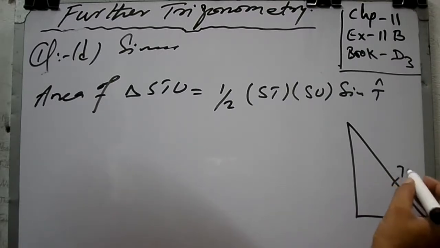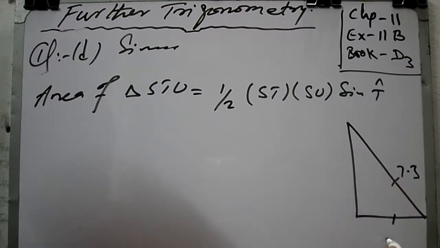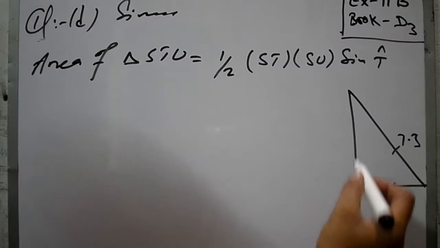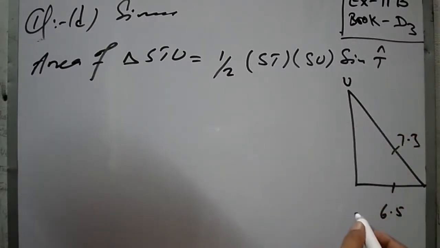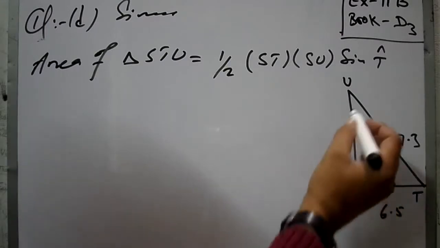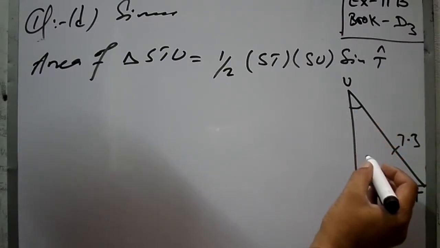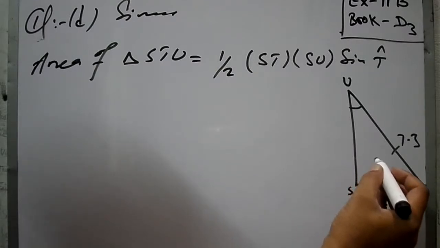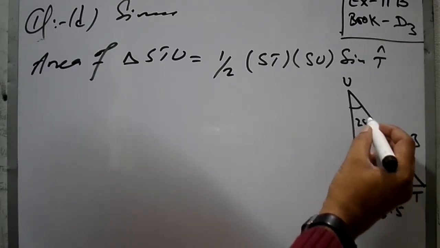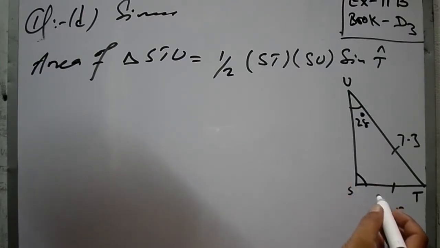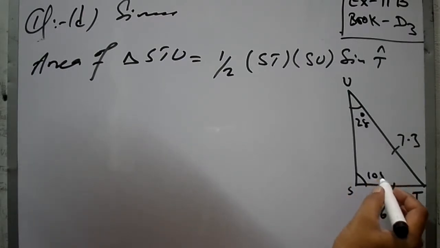That is 7.3, that is 6.5, that is UST, and the angle given to us is 28, and the figure is given in your textbook, it is 105 degrees.